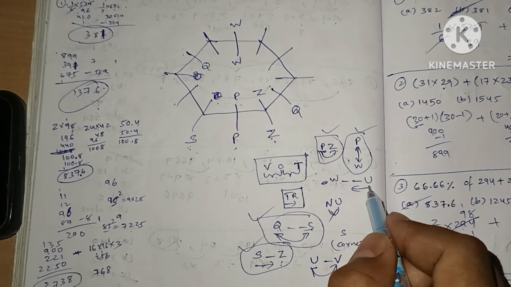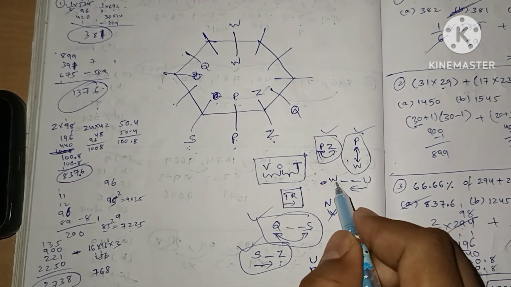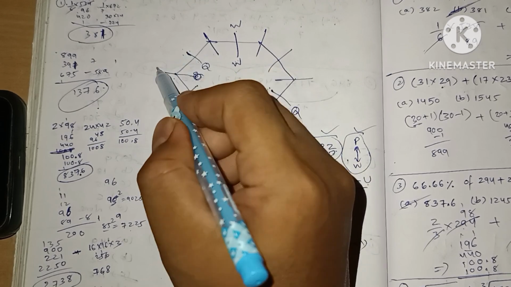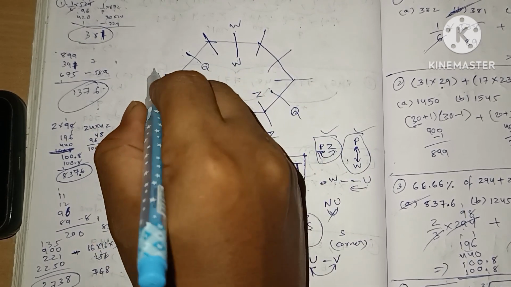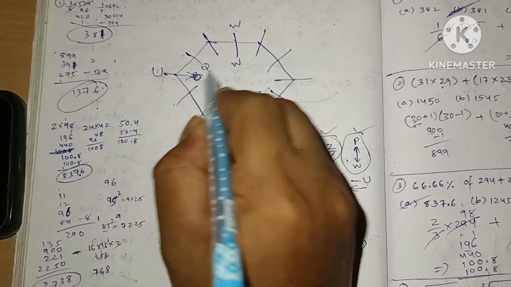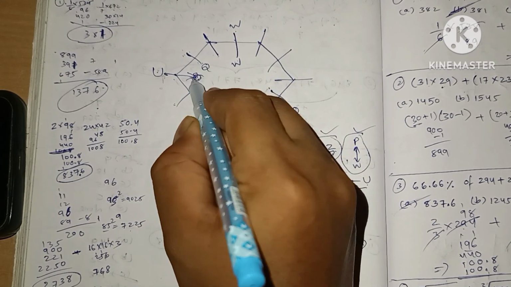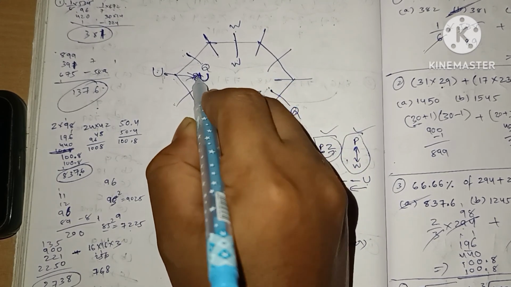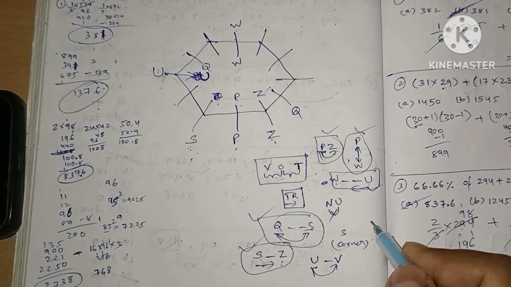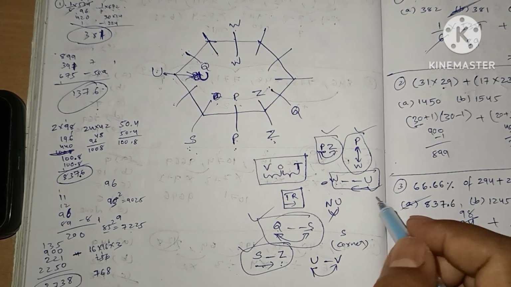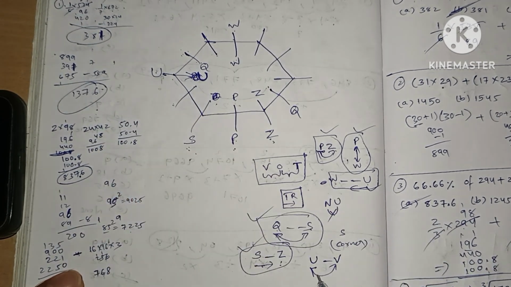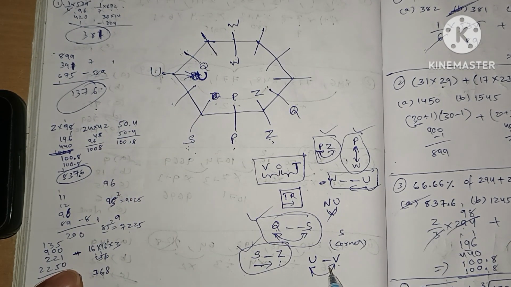We have a statement: U third to the left is W. So W's place is this, 1, 2, third place is this one, which is U. In this case, inside also, 1, 2, third, this is the place for U. So we got this one also. We got U, which means we can get V from this one.